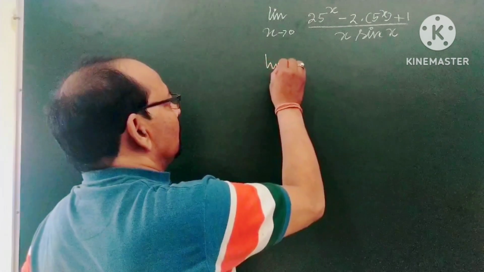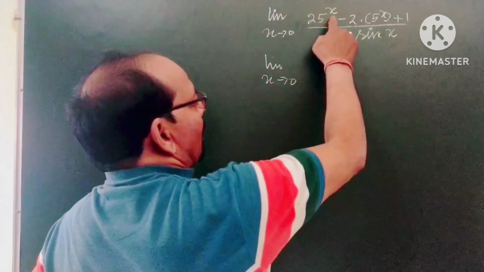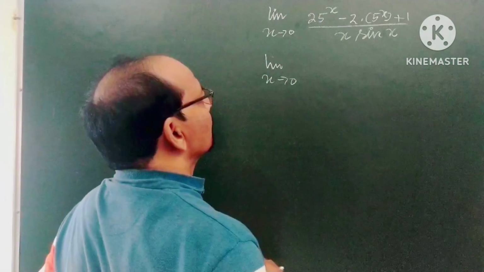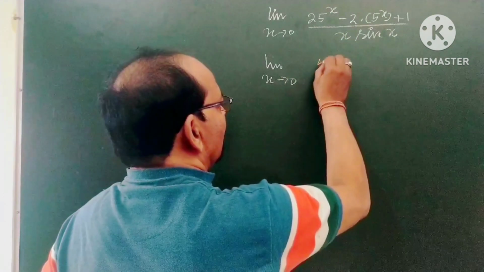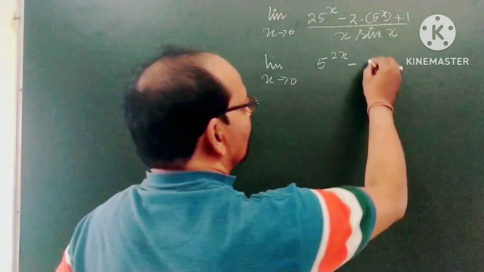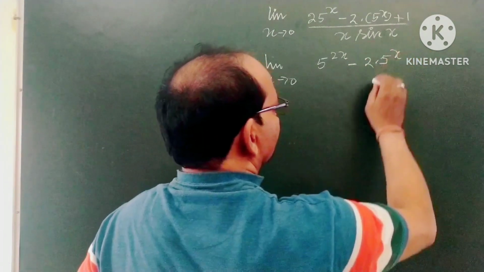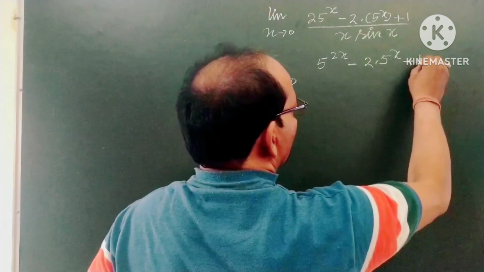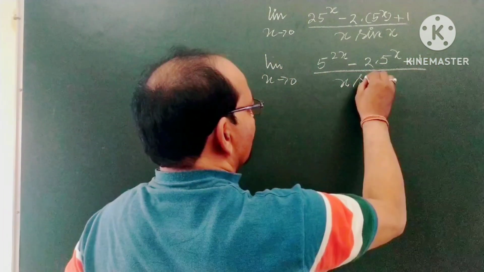Therefore, limit x tends to 0, 25^x is (5^2)^x, so the expression is (5^(2x) - 2·5^x + 1)/(x sin x).